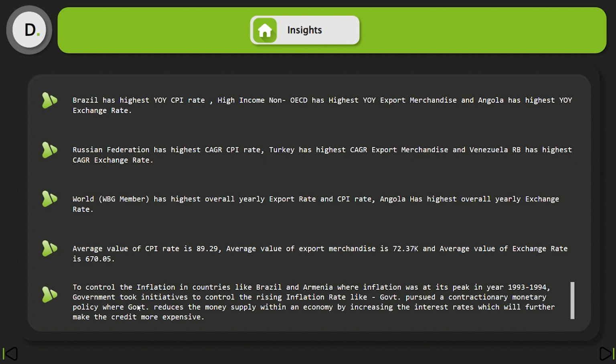The government pursued a contractionary monetary policy, where the government reduces the money supply within the economy by increasing the interest rates on the loans, which further makes credit more expensive. Right? So the consumers are not able to take loans as the interest rates of the loans are greater than compared to the previous year.